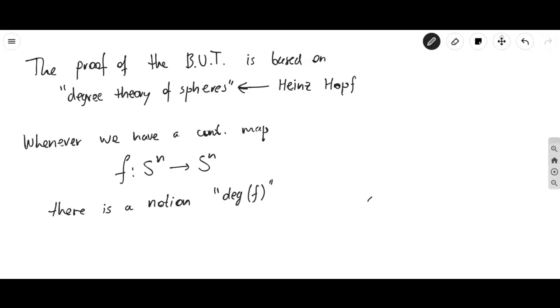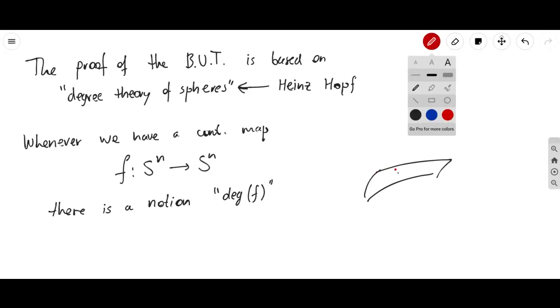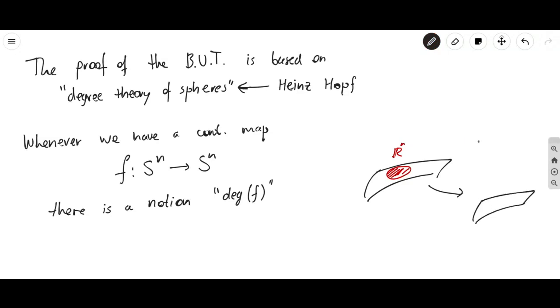So when you're working on a manifold, you can pick a point, and on that point you have a neighborhood. That neighborhood is homeomorphic to Rn. And let's say this manifold is then being mapped to another manifold, and you have another point, and another neighborhood that's homeomorphic to Rn.